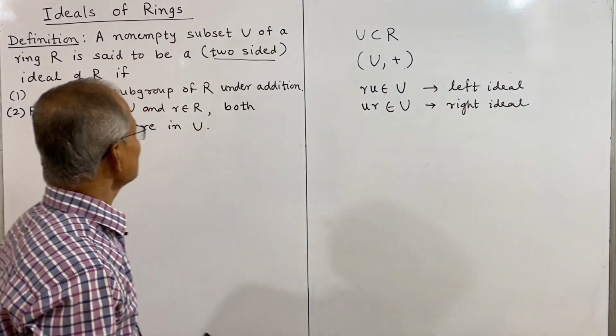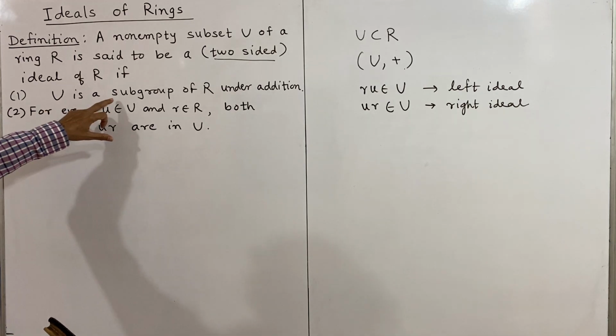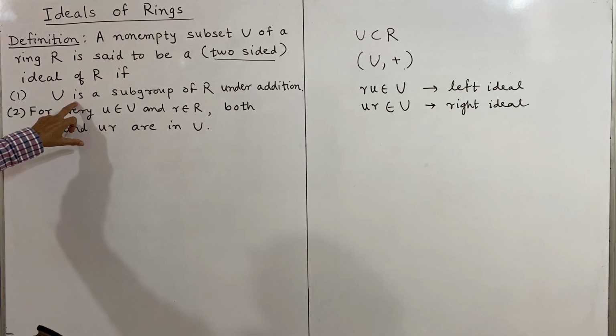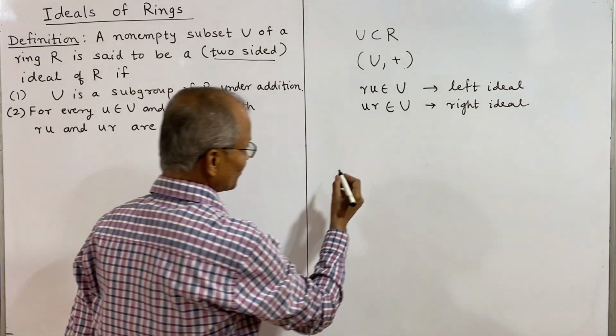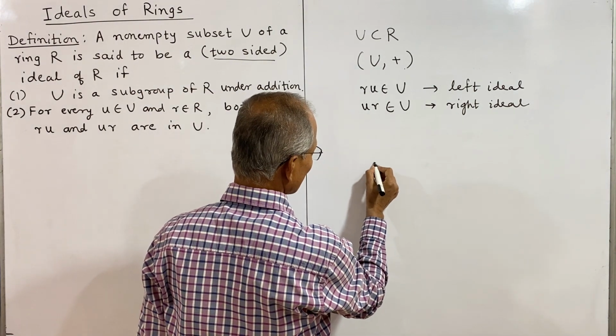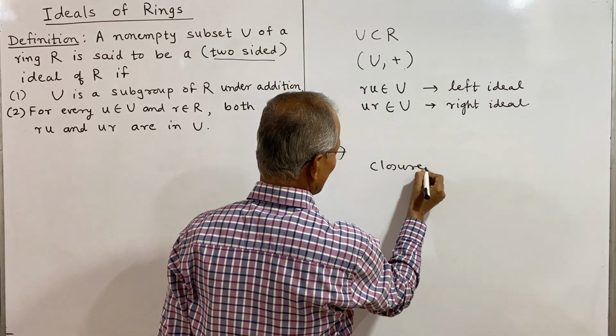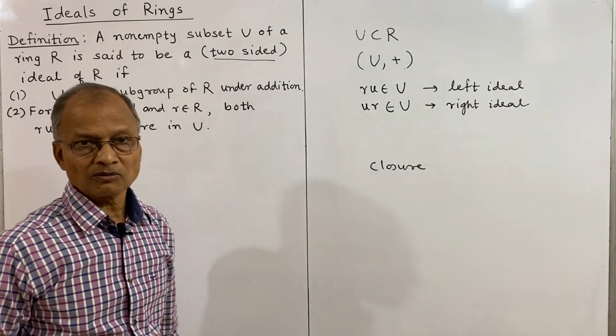Now the two conditions: first, U is a subgroup of R under addition. How to prove U is a subgroup of R under addition? To prove a subgroup we need the closure property. We earlier studied subgroups in group theory.